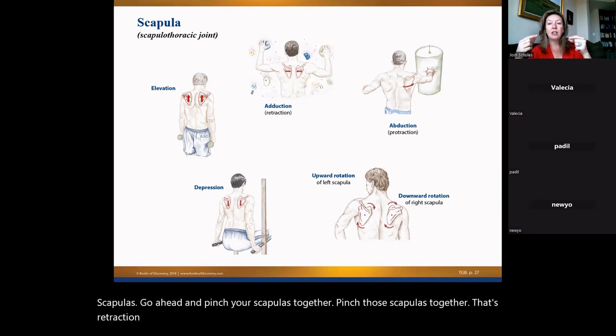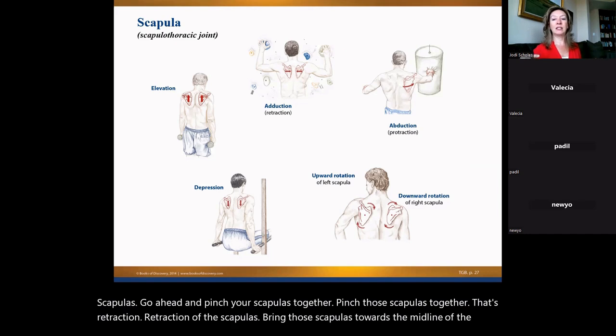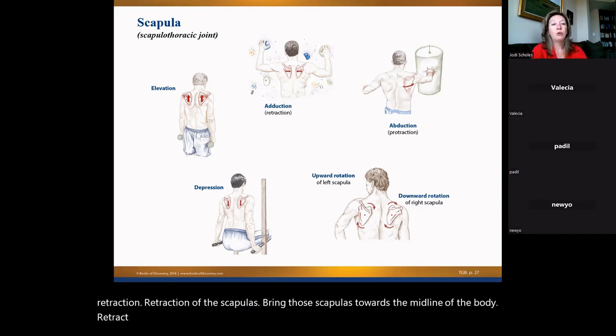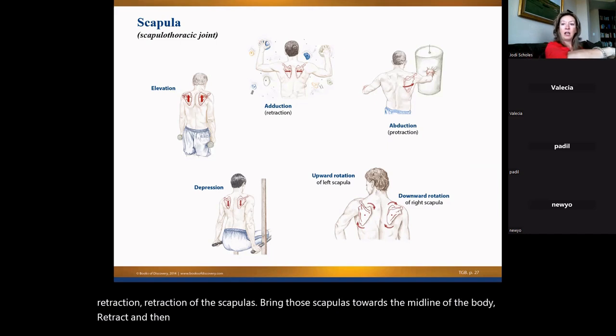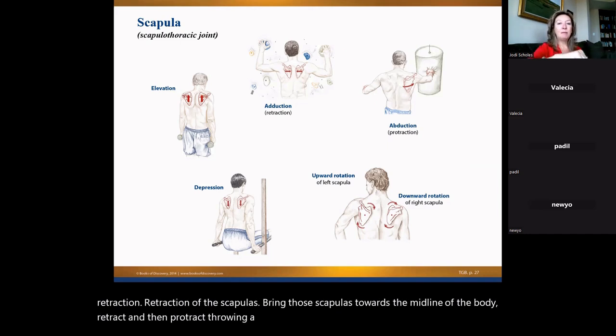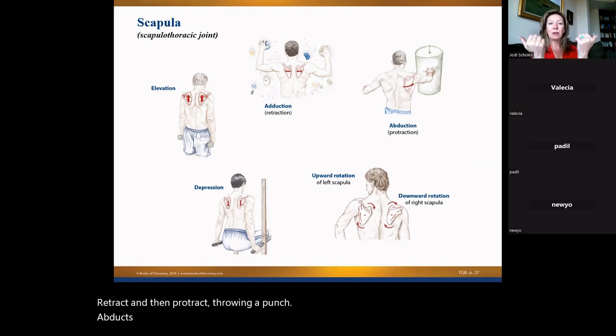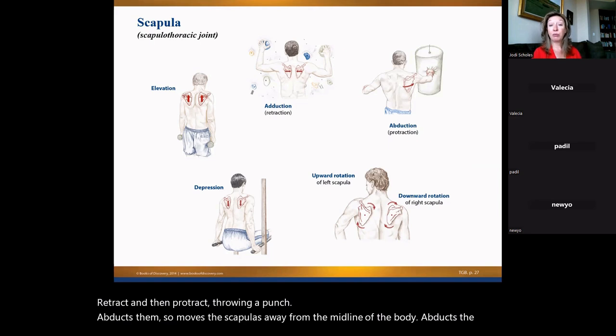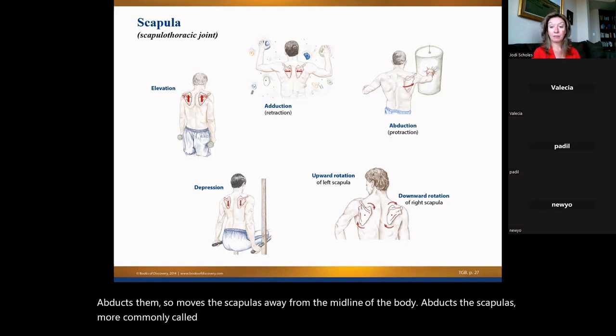Bring those scapulas towards the midline of the body. Retract and then protract, throwing a punch. Abducts, so moves the scapulas away from the midline of the body, more commonly called protracts the scapulas.